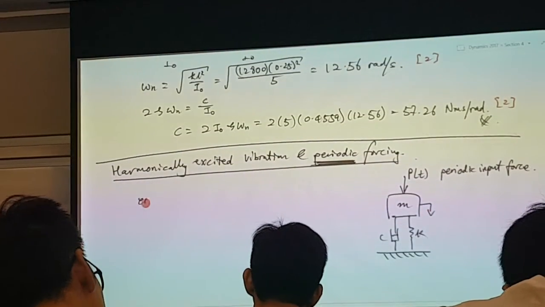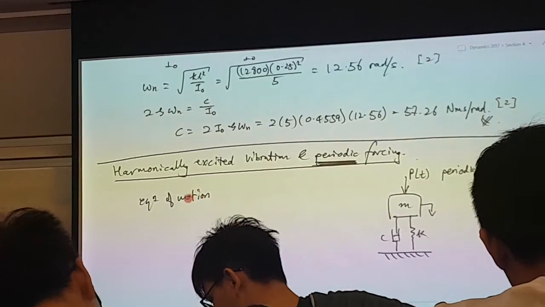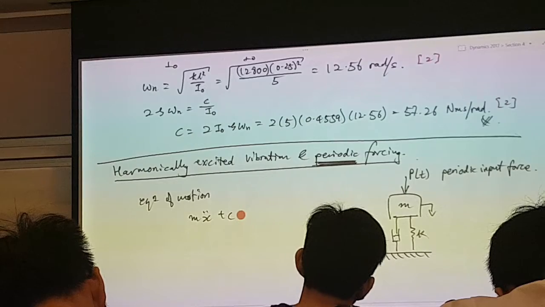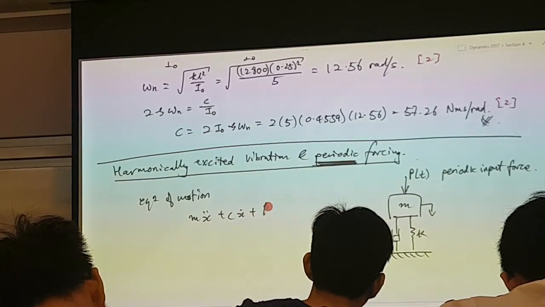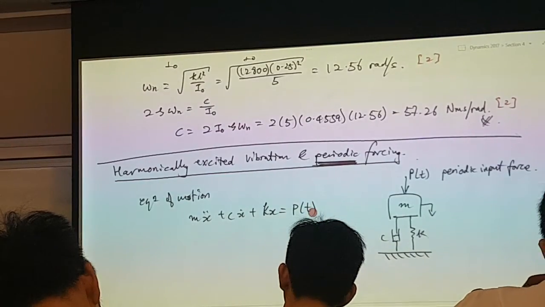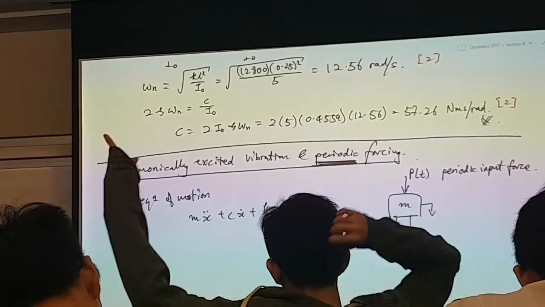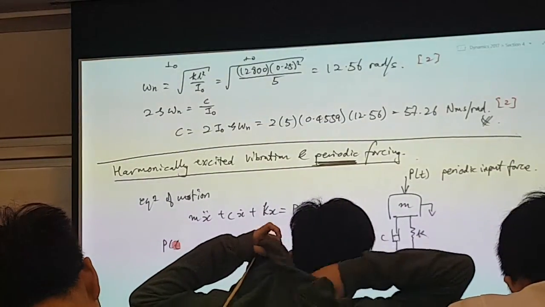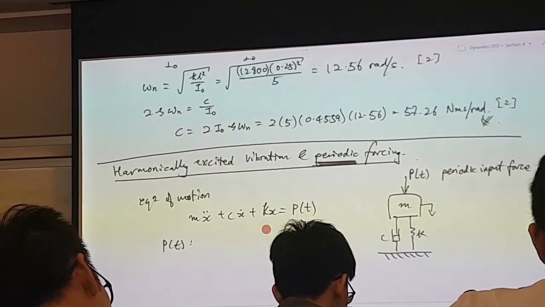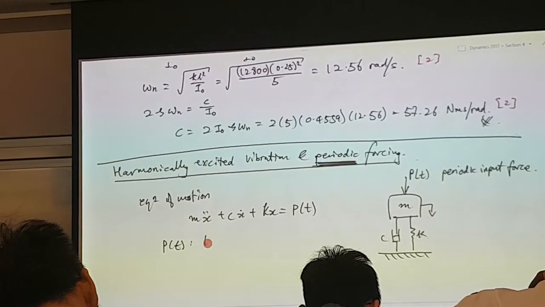So the equation of motion for this, the equation of motion, m x double dot plus c x dot plus kx, in our case here is not equal to Ft but equal to Pt. So the rest of it is pretty much similar to what we had before. So this Pt here can also be linear.